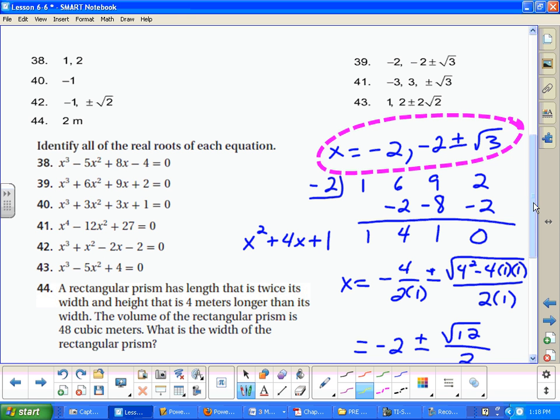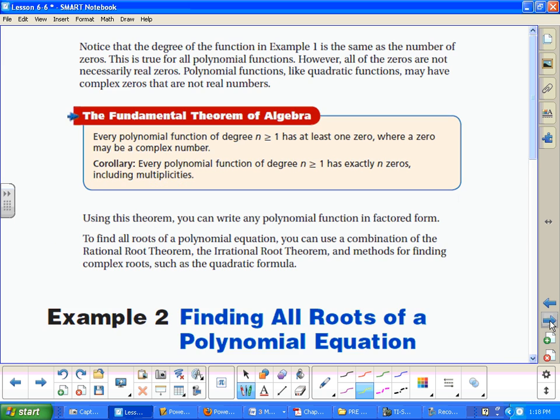Or if you have a radical like the square root of 3, you must also have the conjugate of that. Okay? And all the conjugate means is that if it's a positive square root of 3, then the conjugate would be negative square root of 3. If I had a positive 2i, the conjugate would be negative 2i. It just means that for the radical or the imaginary part, there's a positive and there's a negative.